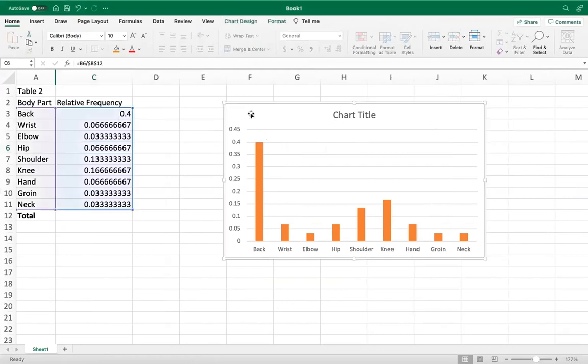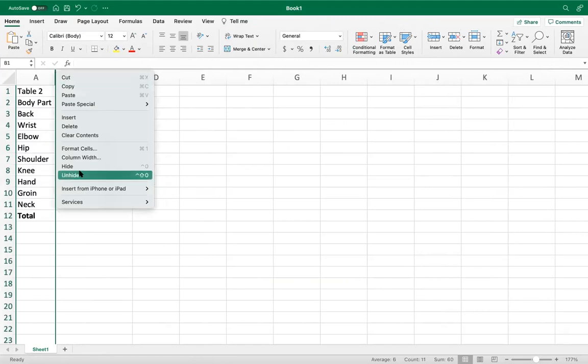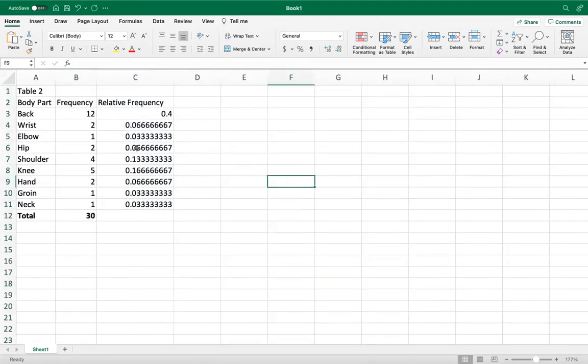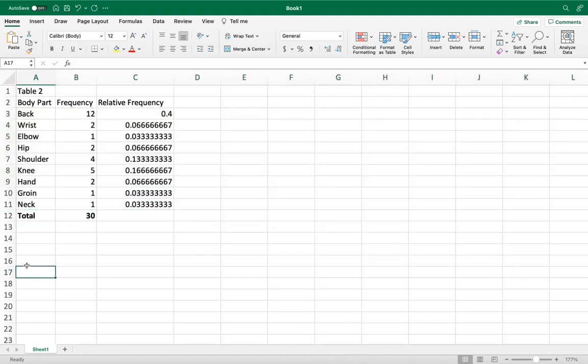So let's clear that. Let's unhide this over here. So relative frequency. So now looking at this here, what we could do is sort. So let's come over here, equals sort by.